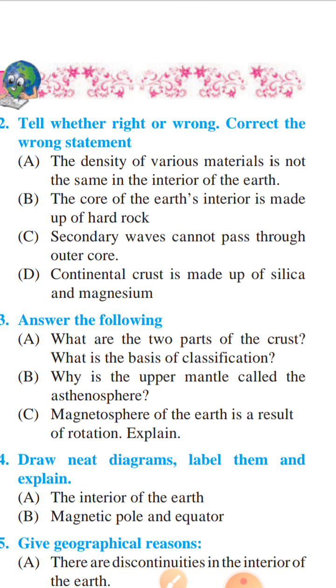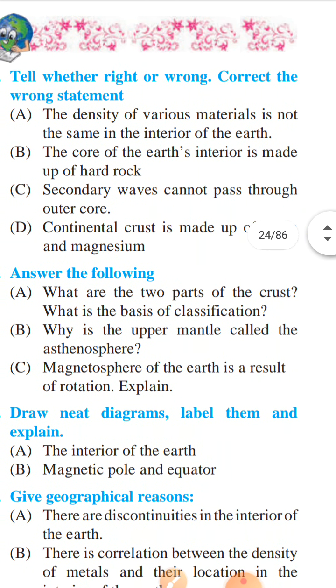And fourth, continental crust is made up of silica and magnesium. This statement is wrong, and the correct statement is continental crust is made up of silica and aluminium. Cleared everyone? Okay. Now look at the next questions.